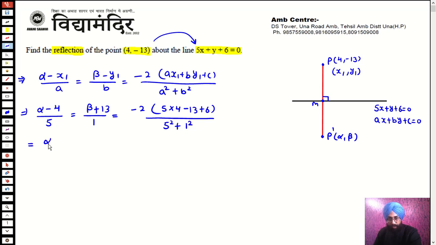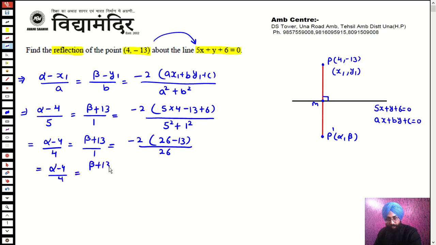So what we get? (alpha - 4)/5 = (beta + 13)/1 = -2 times... this is 20 plus 6, 26, minus 13, which will be 13, divided by 25 plus 1, 26. So 13 multiplied with 2 is 26, with the negative sign, divided by 26.